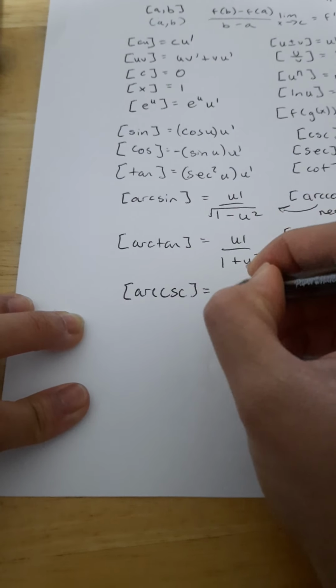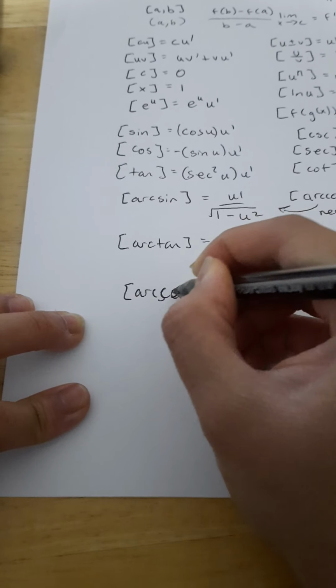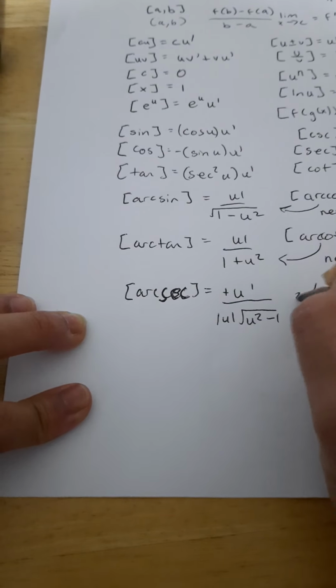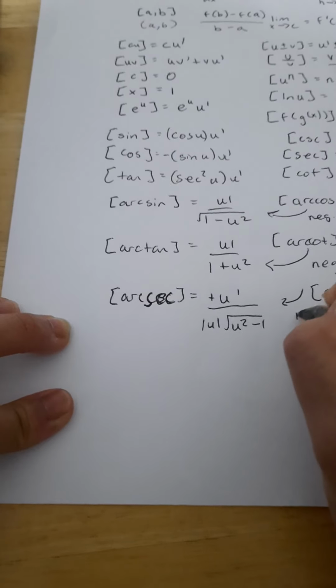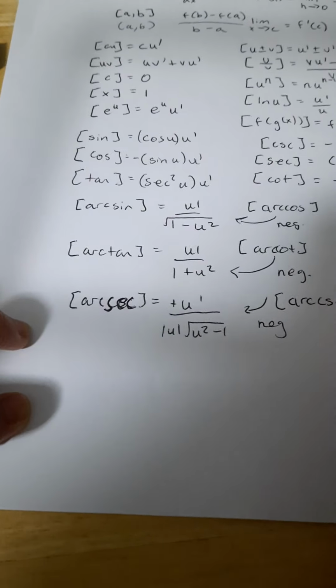Actually, this one should be arc secant. Sorry about that. The arc CSC is actually the negative version of that, so instead of a plus there, it would be a negative sign.